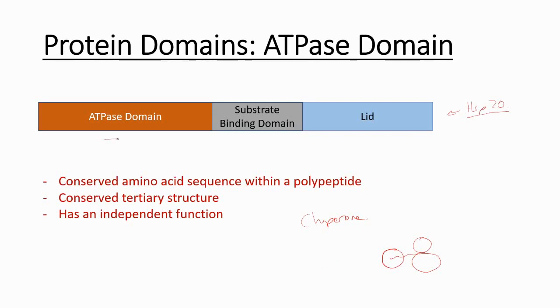The ATPase binding domain in HSP70 will bind to ATP and hydrolyze it. This will allow the internalization of this polypeptide. The substrate binding domain merely is the region of the protein which binds the polypeptide chain. The lid is a region of the protein which closes to internalize the polypeptide.